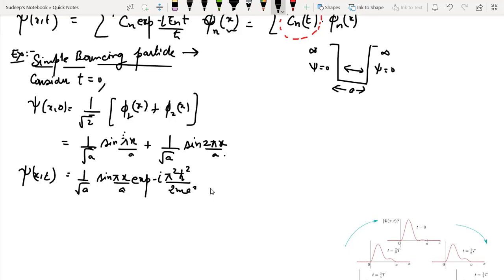Okay, and t upon h cut, so this cancels out and simply t remains here. I hope it is clear.